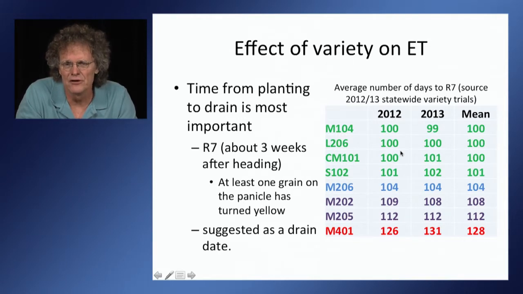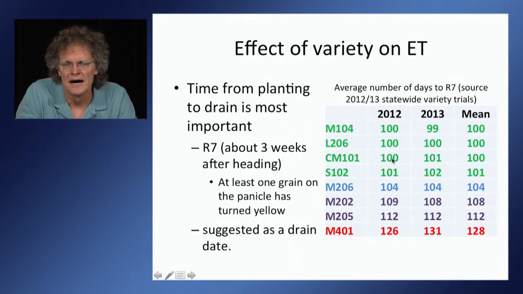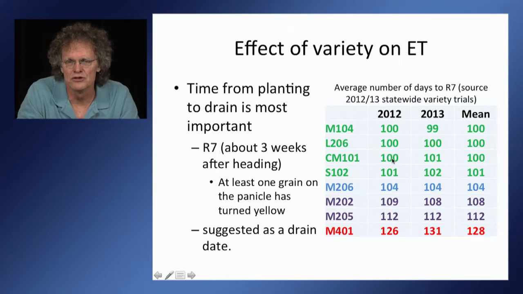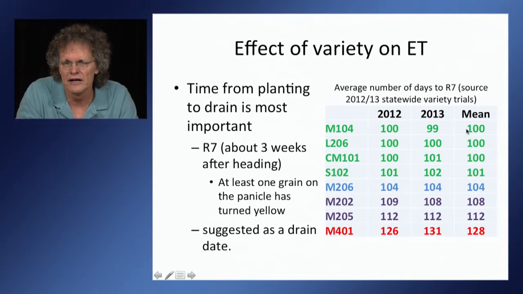These are all the main varieties grown here in California, perhaps with the exception of M105, which is not included in this study. I've grouped them by color: these ones in green, M104, a fairly common variety, CM101, S102, again relatively common, all of them require 100 days to reach R7. M206 requires about 4 more days.